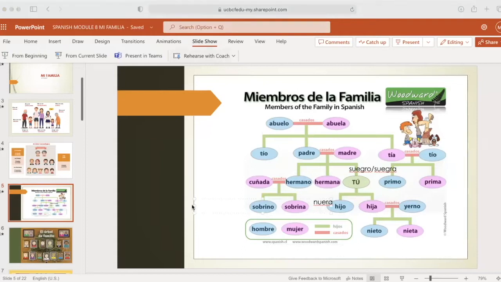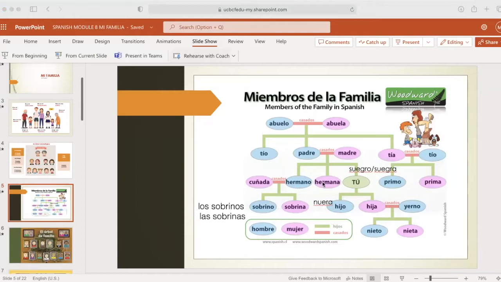What about together? Los sobrinos. Okay. And las sobrinas. Okay. All right.